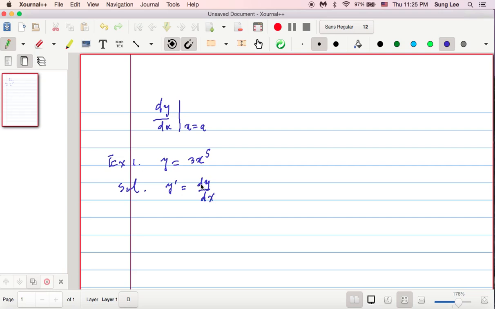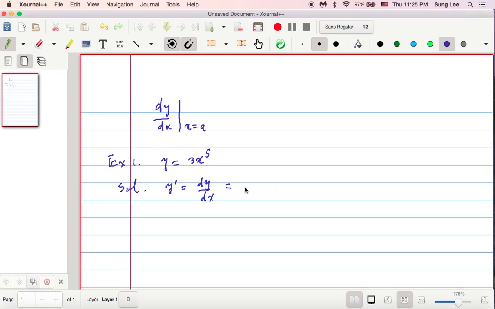Either notation is fine, like I said. Although Leibniz notation has its own merit, like I mentioned before, that will show up in my later lectures.